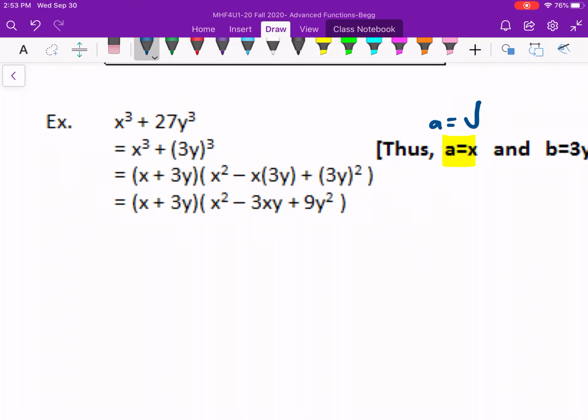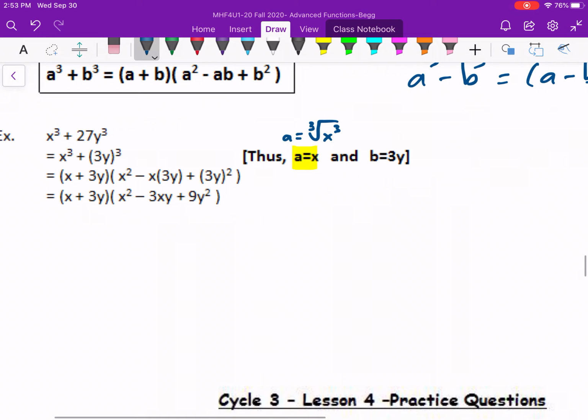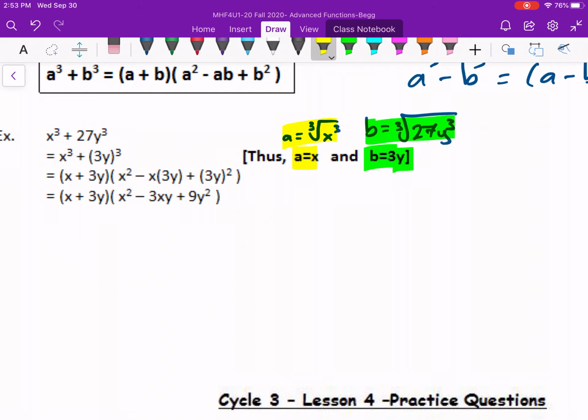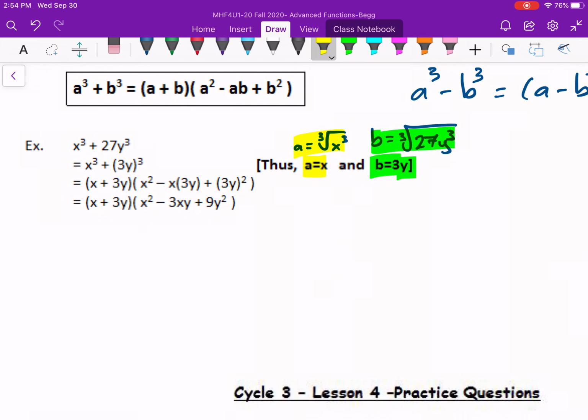A is equal to the cube root of x cubed, and b is equal to the cube root of 27y cubed, and that's where we get b is equal to 3y. We can plug them into the formula, simplify things like I did in the previous one. You can see all the work right here at your leisure, so I won't read that through to you.